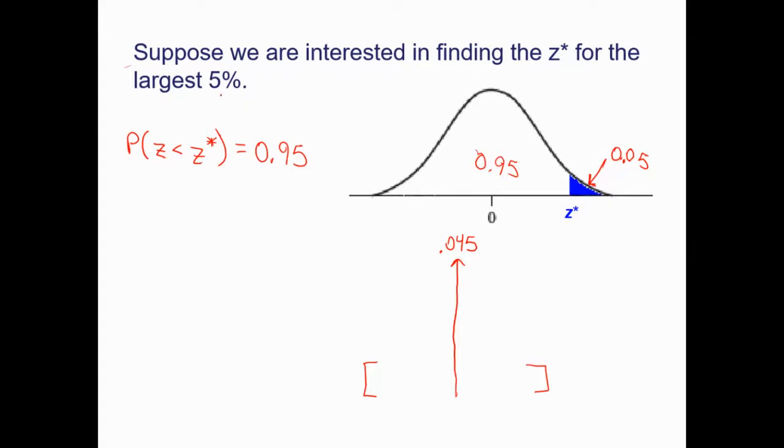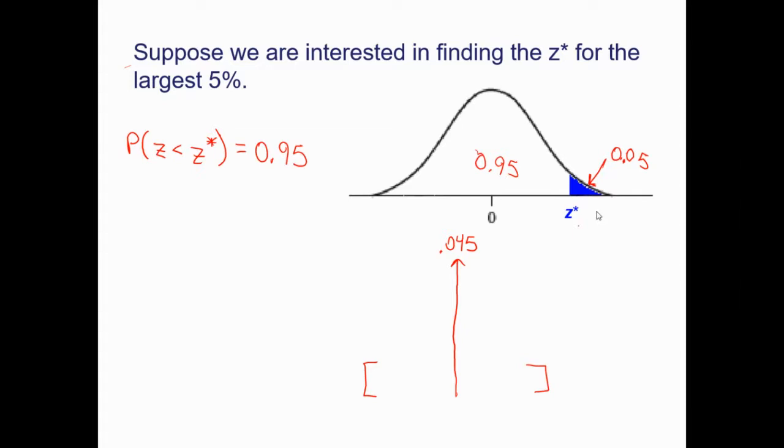We want our probability to be 0.95 because we're interested in the top 5%. But our table doesn't give us the top percent, it gives us what's less than that value. So if the top is 5%, how much is below it? 95%. So we're looking for the probability of 0.95.